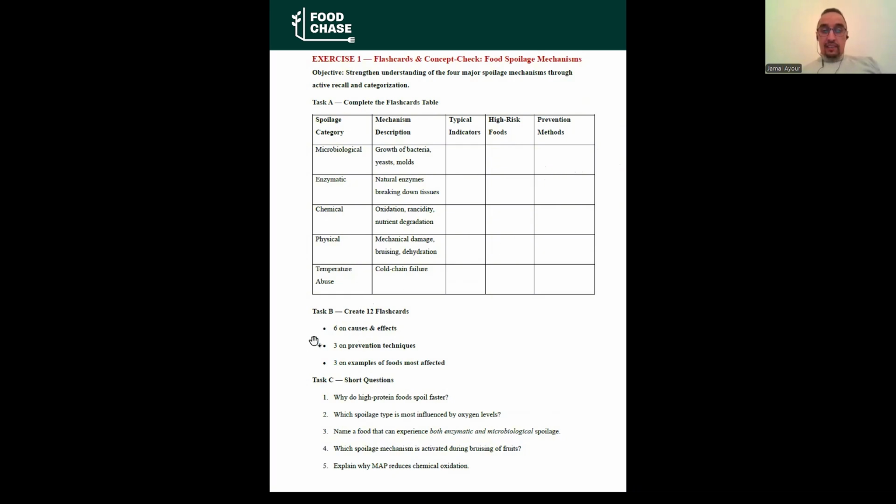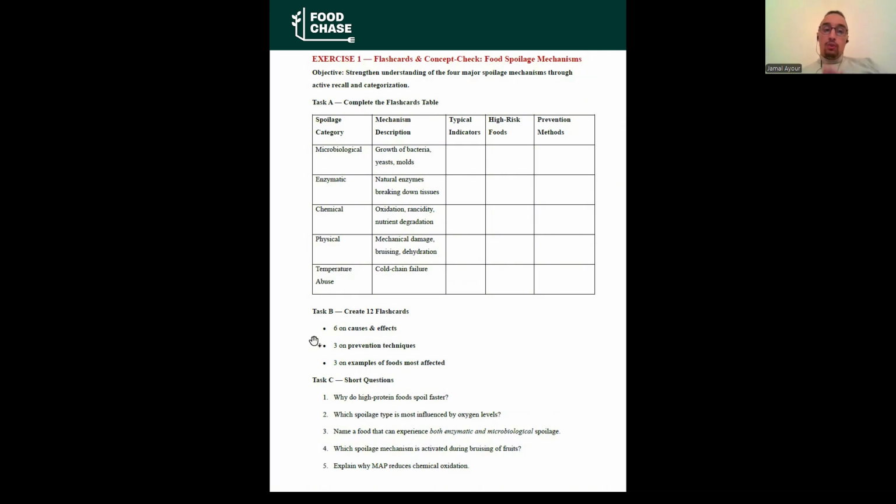For task B, the objective is to create 12 flashcards. Take small index cards or paper pieces for this activity.